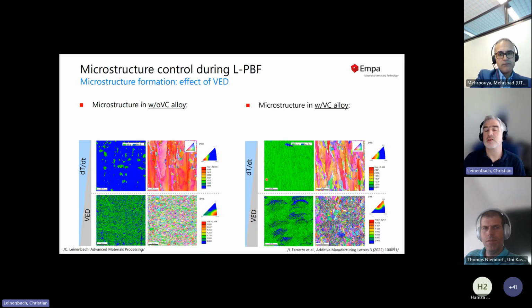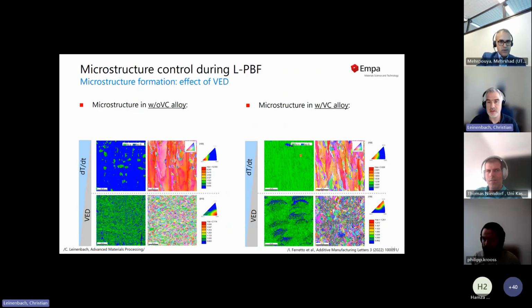If we look into our material with vanadium and carbon, for similar conditions, it is interesting. Here we also have very large grains. However, these grains turn out to be FCC gamma. And if we operate at higher volumetric energy densities, again we have a very fine-grained material, and occasionally we have these islands of BCC ferrite in our material.